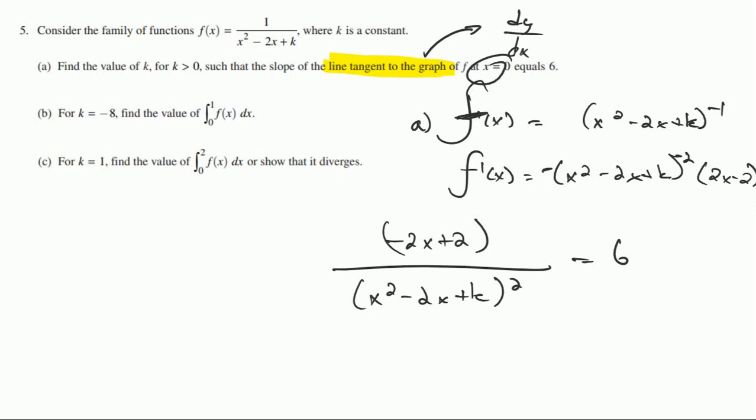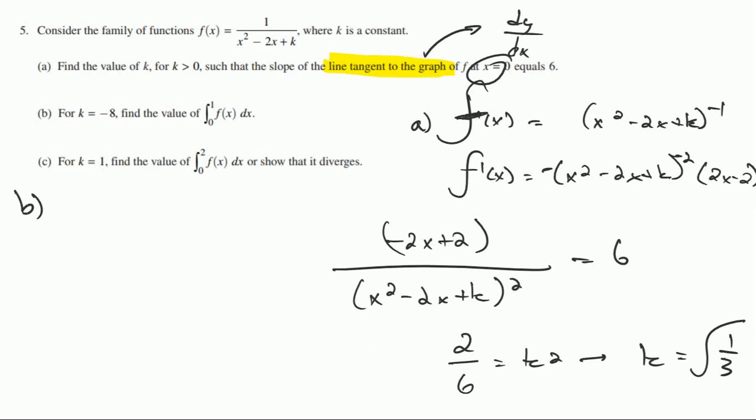Looks like we're going to get 2 over 6 equals k squared. So k equals the square root of 1/3. Yay, okay. Time for B.